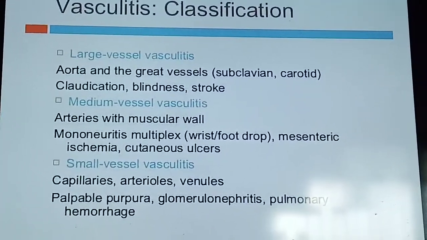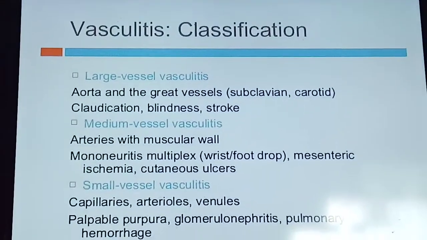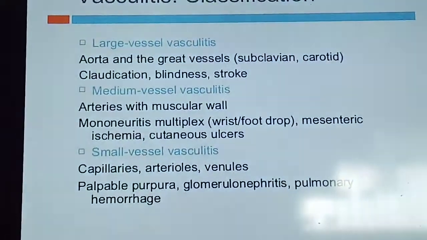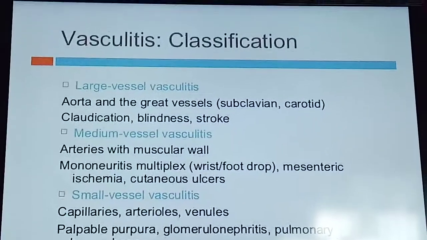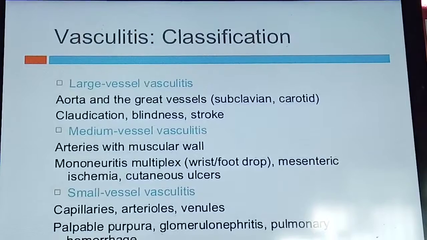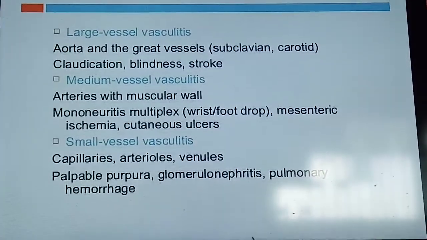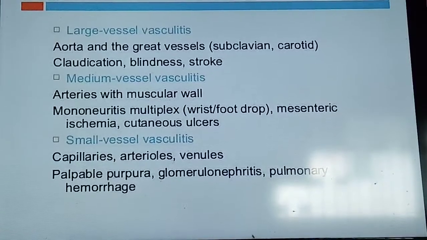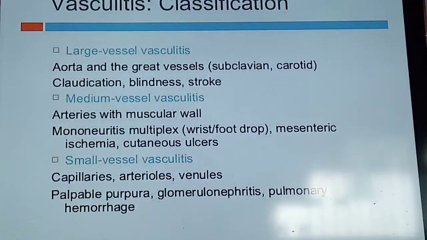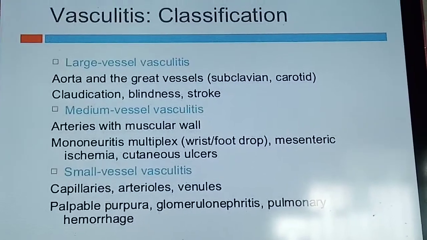So that is the classification of vasculitis. What are the different arteries involved in different types of vasculitis? Large vessel vasculitis usually involves the aorta and great vessels like the subclavian and carotid arteries, and features are usually claudication, blindness, and stroke.